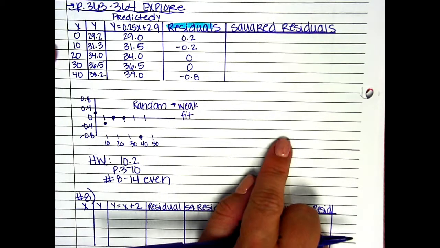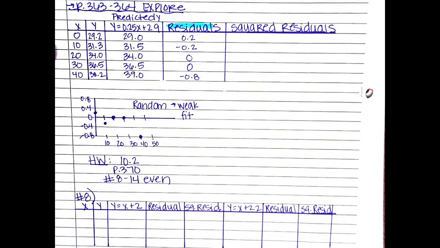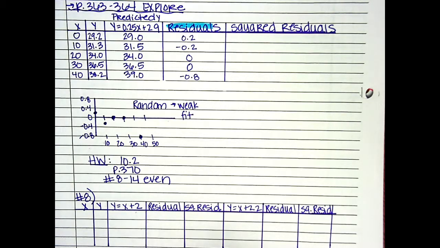The last thing I have is the squared residuals. By analyzing the squared residuals, we can tell if it's a good line of fit or not.